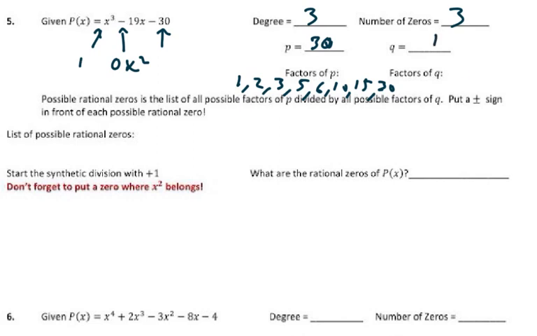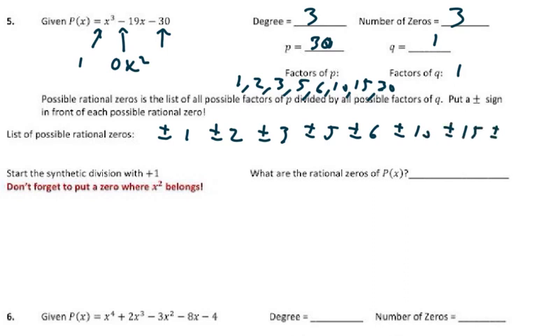That keeps things a little bit simpler. But our possible zeros are plus or minus 1, plus or minus 2, plus or minus 3, plus or minus 5, plus or minus 6, plus or minus 10, plus or minus 15, plus or minus 30. Because all of those divided by 1 is just itself, right?